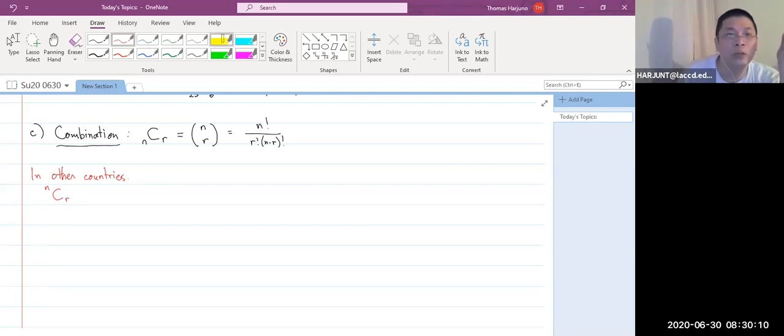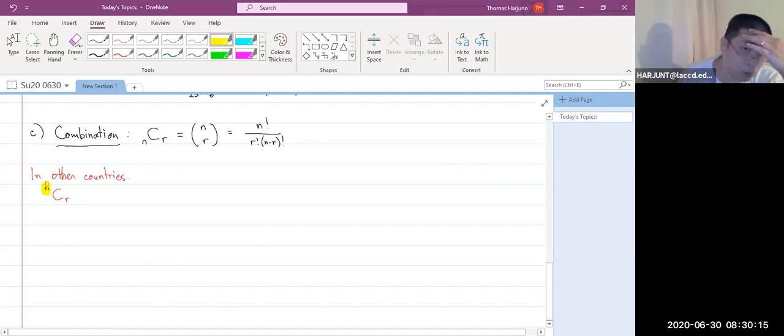For the same reason, we didn't use NPR with the N on the top left, because this may be misunderstood as an exponent for the numbers prior to that. So we don't use this notation anymore.